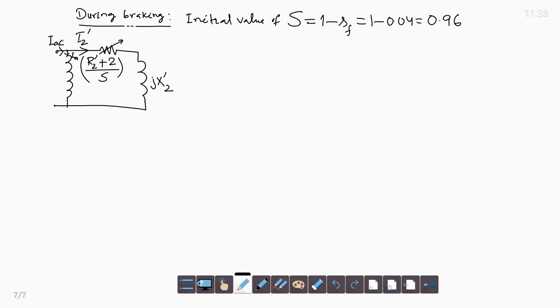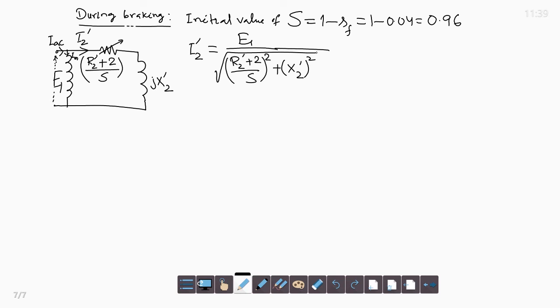So, then what is I2 dash? You see voltage applied is E1, this voltage is E1 here, and impedance has resistive component R2 dash plus 2 divided by capital S, and reactive component is X2 dash, whole square root. So, all these values are determined.